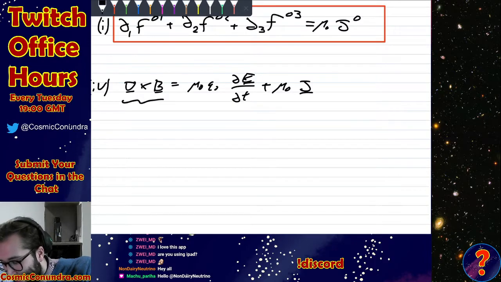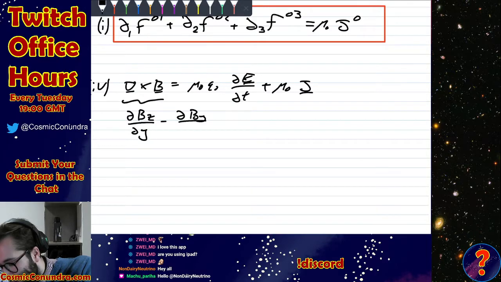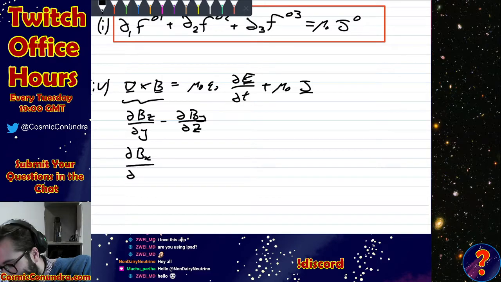The left-hand side, you know that what this curl means is to take combinations of the derivative of the different components of B in such a way like dBz/dy minus dBy/dz is the x component of this thing. The y component will look like dBx/dz.